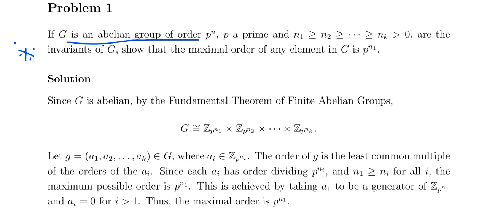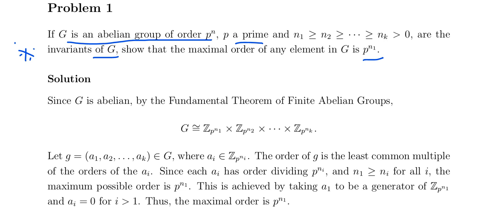So G is an abelian group of order p power n, p is a prime number. n1 greater than or equal to n2 greater than or equal to nk greater than 0 are the invariants of G. Therefore, the maximal order of any element in G is p power n1.